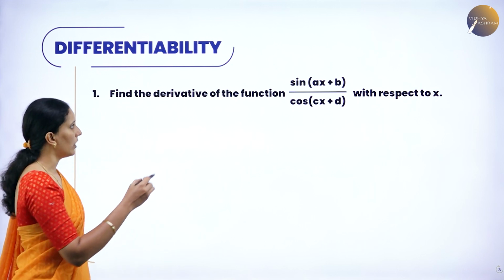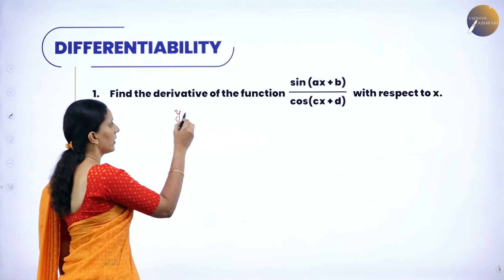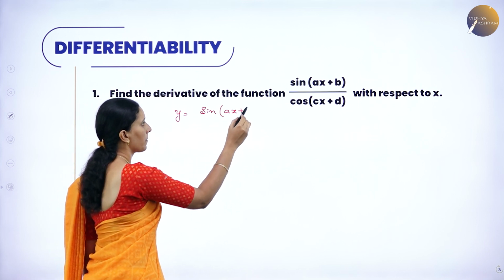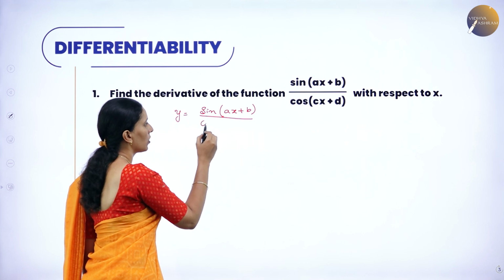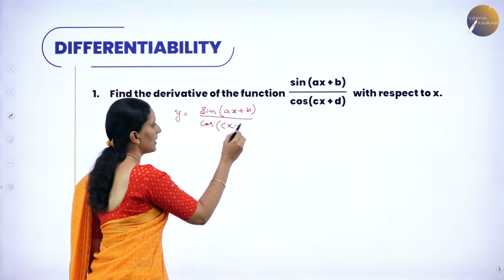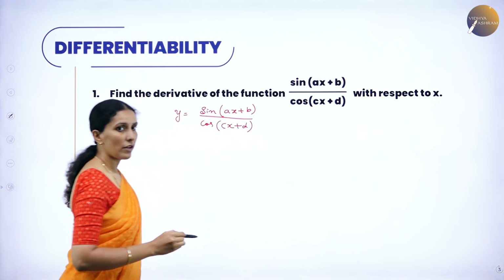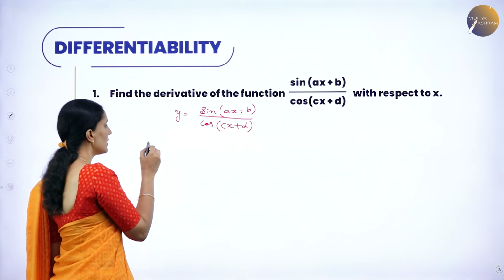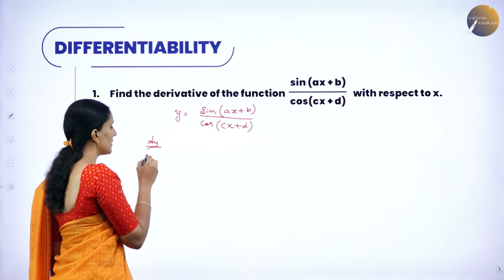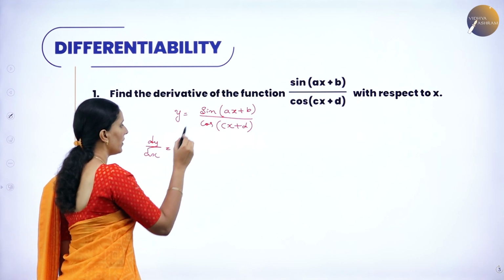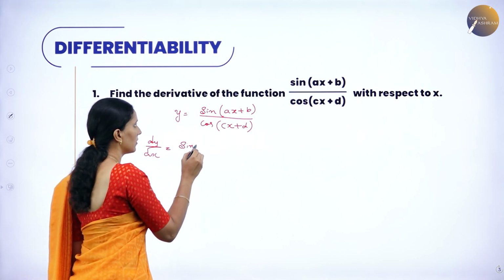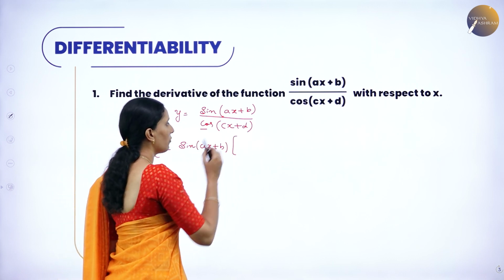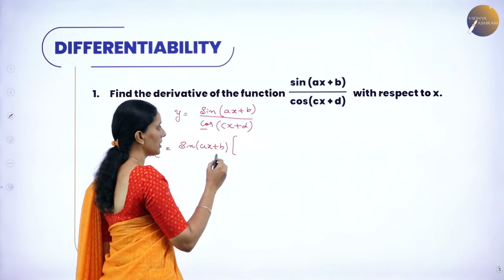So let me take y is equal to sine of (ax plus b) divided by cos of (cx plus d). So the function is in the form of u by v. So let us apply the quotient rule here. So dy by dx is equal to, first function into derivative of the second, that is cos of (cx plus d).